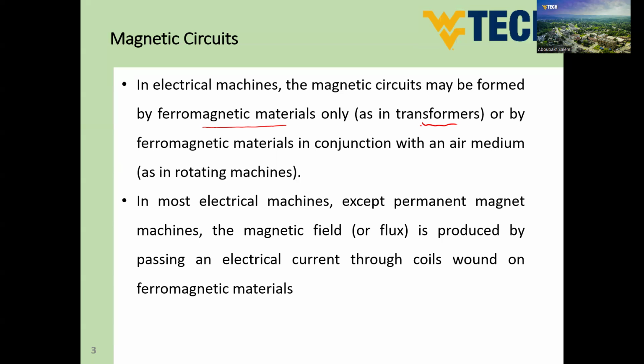Also, magnetic material in conjunction with air medium. Sometimes we may have air gaps between magnetic cores. So what is the benefit of having this air gap? We will see this in our class.